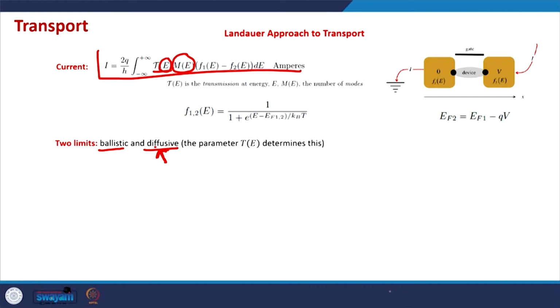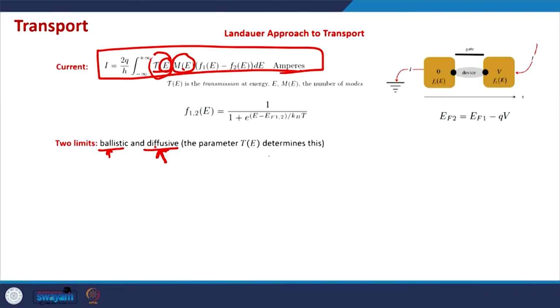So what we can in principle do is calculate the IV characteristics of the MOSFET from here if we properly know this TE, ME and F1 minus F2, and if we integrate over the proper energy range, then we can extend this to the traditional IV characteristics. But we cannot do vice versa. We cannot generalize the traditional IV characteristics and account for the ballistic regime. So, that is why this treatment is more fundamental.